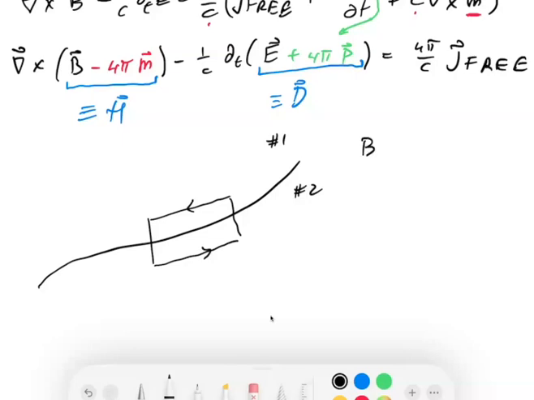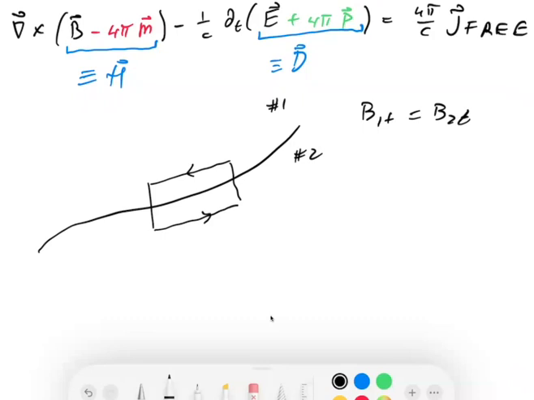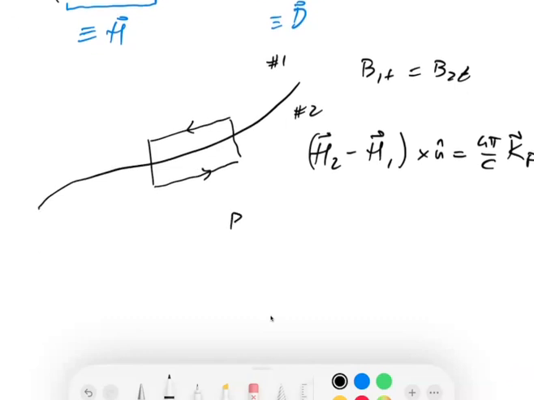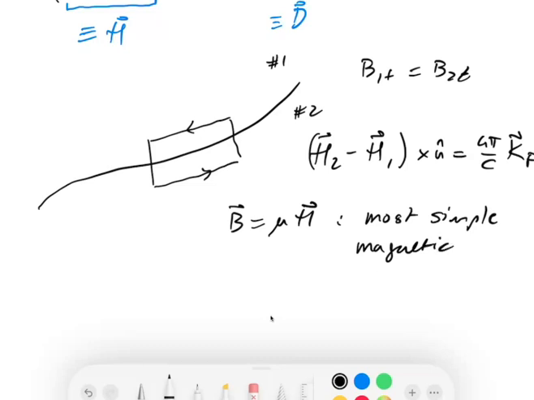So let's say the B1T is B2T is applied, and then we just get H2 minus H1 with the normal is 4 pi over c K free. And the most simple magnetic material, you can just set B is mu H. Most simple magnetic material. All right.